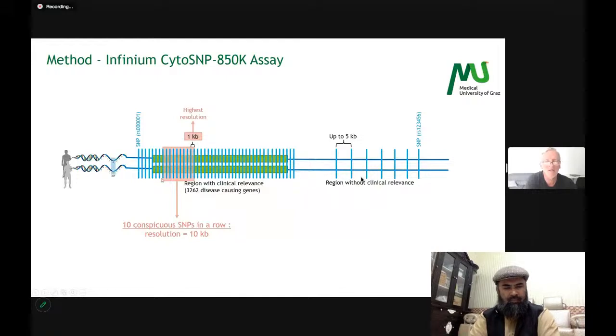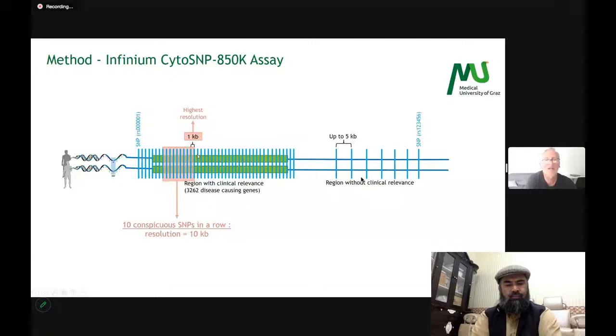In this case, you see the probes which are located in an exon of a gene, and so many more probes are located in this method in the clinically relevant regions, and not so many in regions without any clinical relevance.